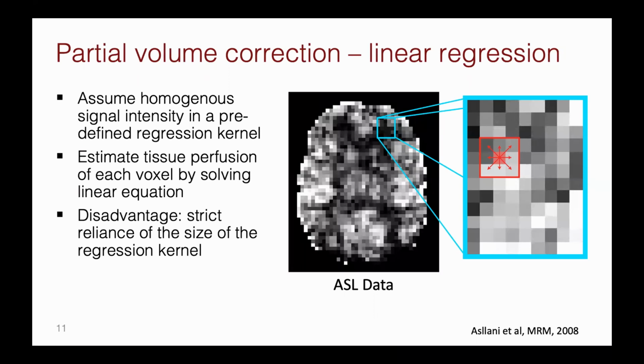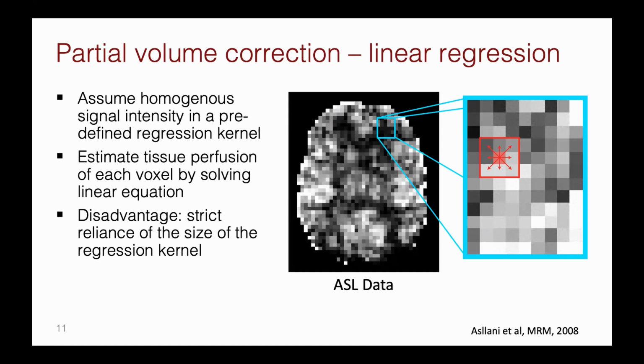One approach was to estimate the gray matter perfusion by considering the signal intensities in a small region. In this technique, we assumed that the perfusion of a particular tissue, such as gray matter, is consistent in a fixed region defined by a regression kernel, such as the box in the red box here.